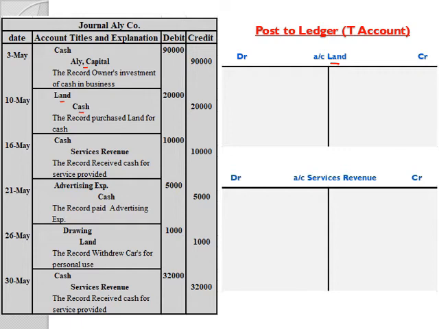In the entry, land is recorded in the debit side, amount in the debit column, transfer to the debit side in the ledger, 20,000 cash, date May 10.